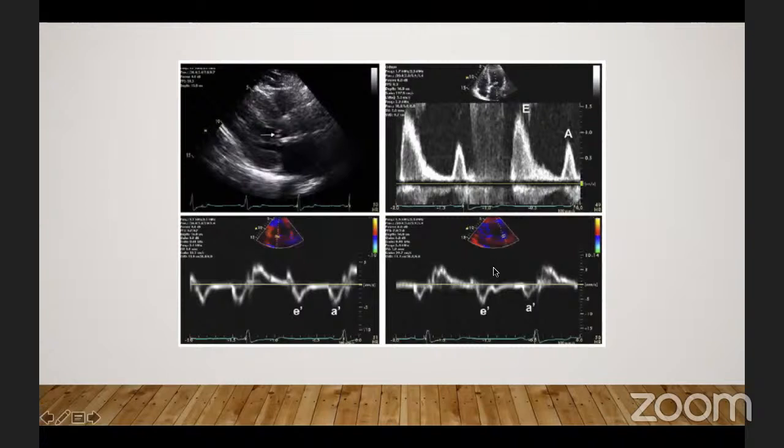The third one, as we said, is the tissue Doppler. In tissue Doppler, you will put the cursor on the specific location, I'm speaking on the mitral side. You will assess the lateral tissue Doppler at the mitral annulus and the septal one. This is the septal one. And it is the same, but this one is assessing actually the myocardial movement during the cardiac cycle rather than the flow itself.